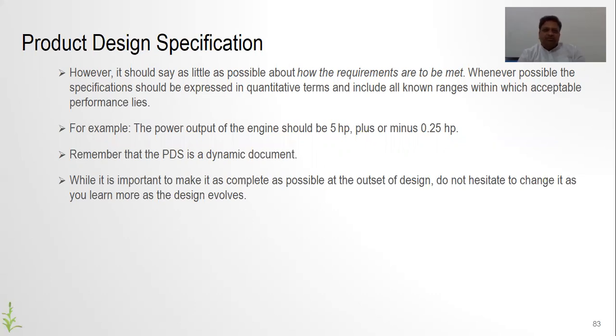Whenever possible, the specification should be expressed in quantitative terms and include all known ranges within which acceptable performance lies. For example, the power output of an engine should be 5 HP plus or minus 0.25 HP, the tolerance.